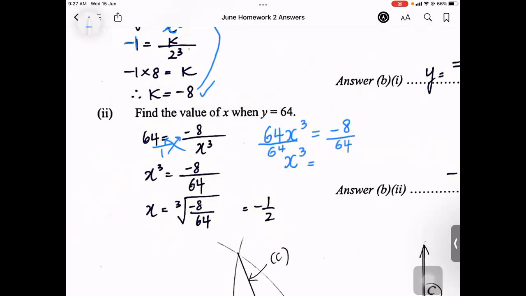So -8 over 64, then 1 over 8, -1 over 8. Then I do a cube root. Then I get my answer, x equals to -half. Okay, for cube root, there is no plus or minus. Only square root has plus or minus sign.